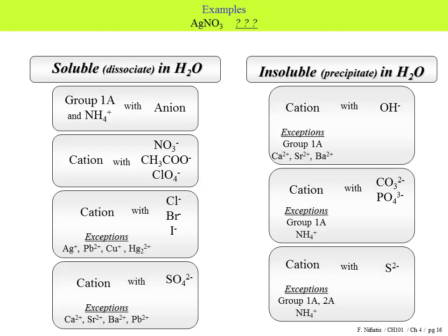What do you think? The nitrates are here, no exceptions, so this is soluble. Lead 2 sulfate. The sulfates are here. The lead actually is an exception, so the lead 2 sulfate is not soluble. It's insoluble.